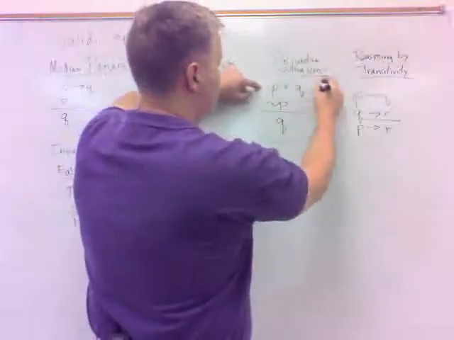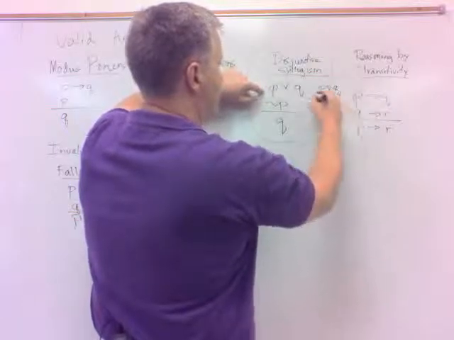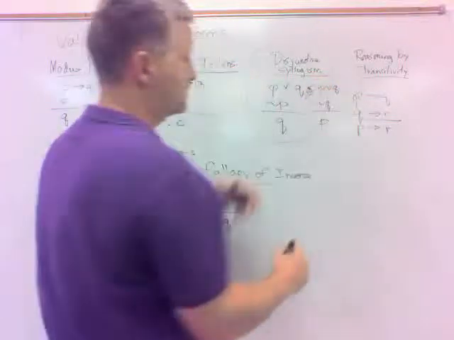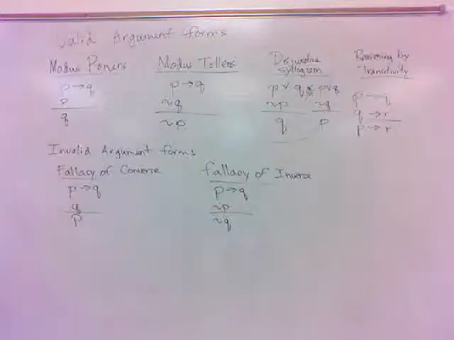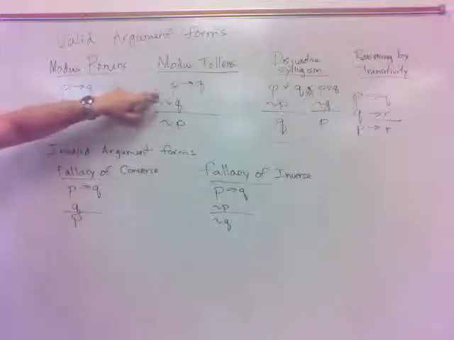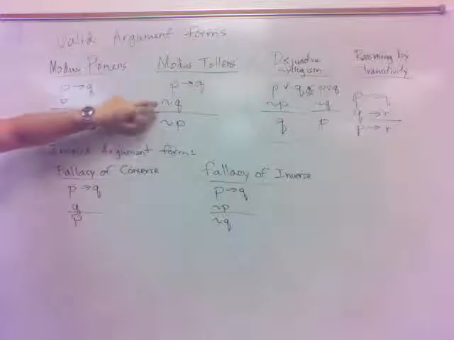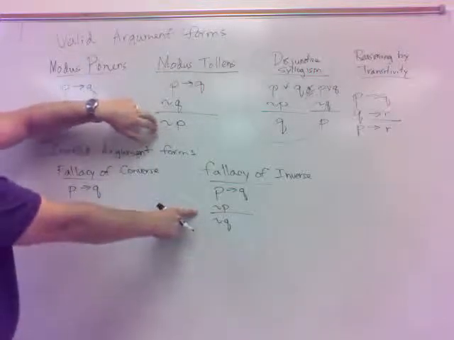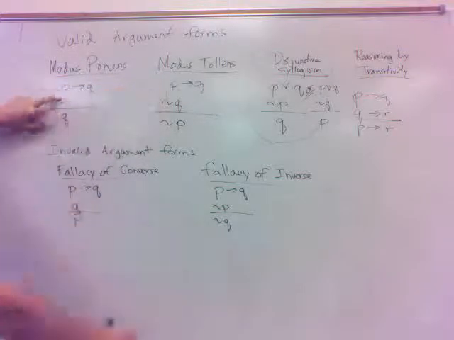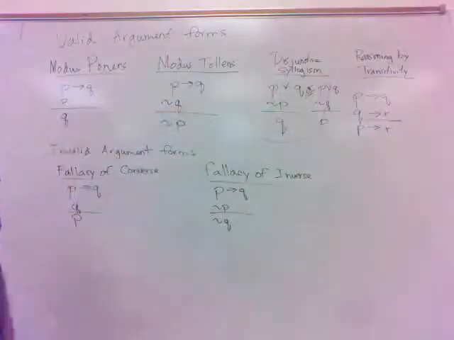This disjunctive syllogism could be this, or it could be this. Just note that, because I think there might be one in the homework where it's flip-flopped. But that's the only one you can do it with, because if I flip-flop these around, make this not P and this not Q, that's a fallacy. So if you flip-flop these around, it makes it a fallacy, but not so on the disjunctive syllogism. So make note of that.